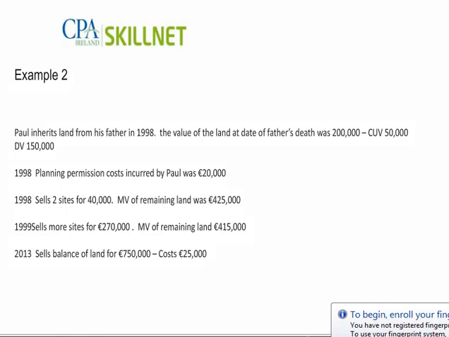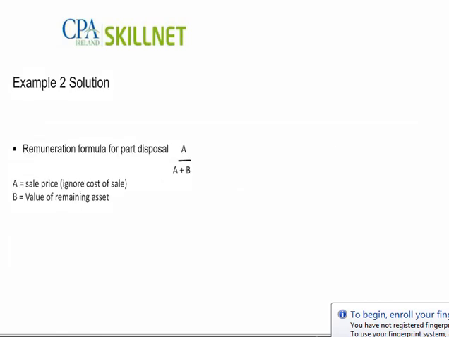But this is the question. For those 3 computations, how much of the 200,000 can be allocated against those sale proceeds in 1998, then in 1999, and then in 2013? How much can you allocate against it? And that's what causes the difficulty in it.